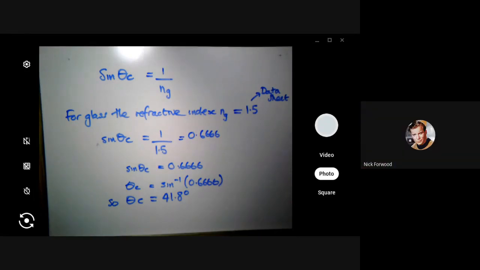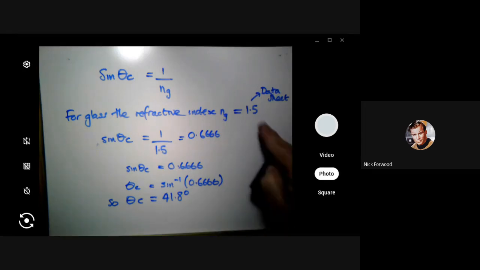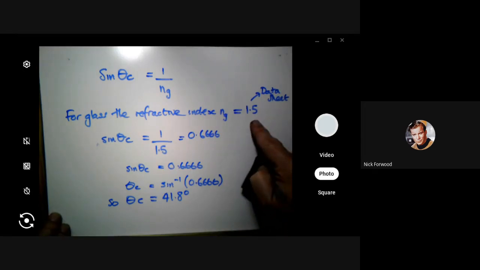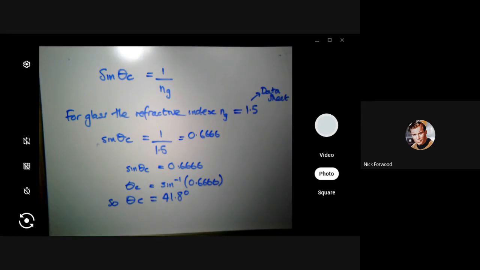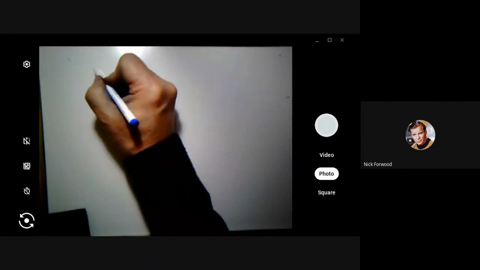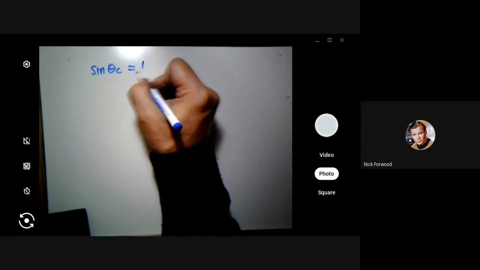So what's the critical angle for light in other materials? You can now spend a bit of time looking at other materials. You get all these different numbers. Glass is 1.5, water 1.33, diamond 2.42, and so on. You can work out the critical angle for any other material you like, as long as we start with sine theta c is 1 over n for whatever material it is.